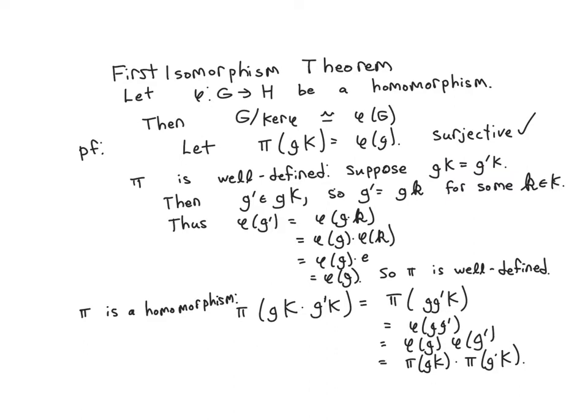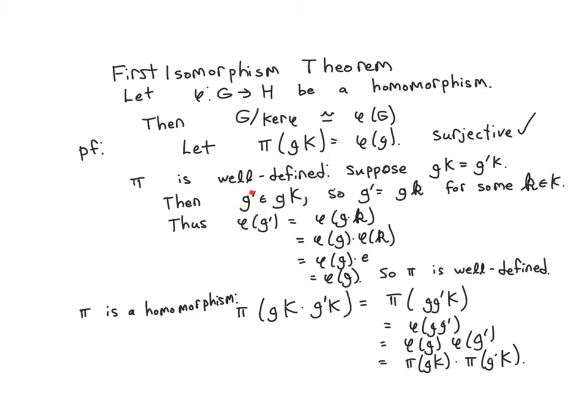We need to check that phi of g is equal to phi of g prime. If that's true, then pi of gK is equal to pi of g prime K, and even though our formula depended on g and g prime, you get the same answer no matter which element in the coset you picked as the representative.